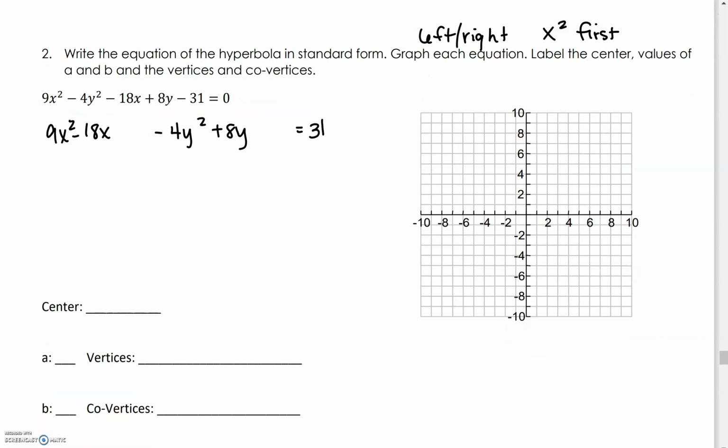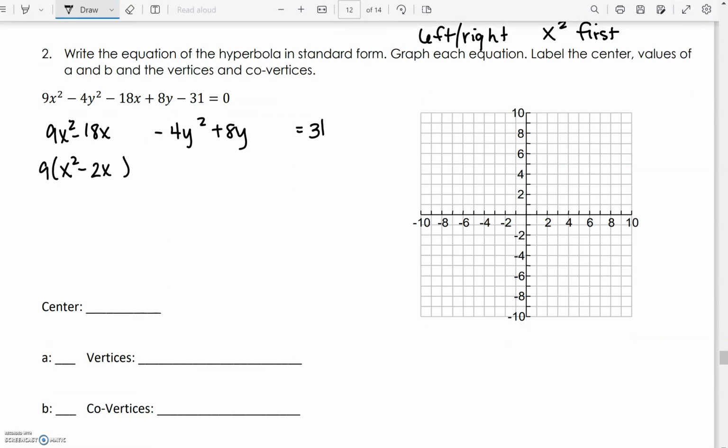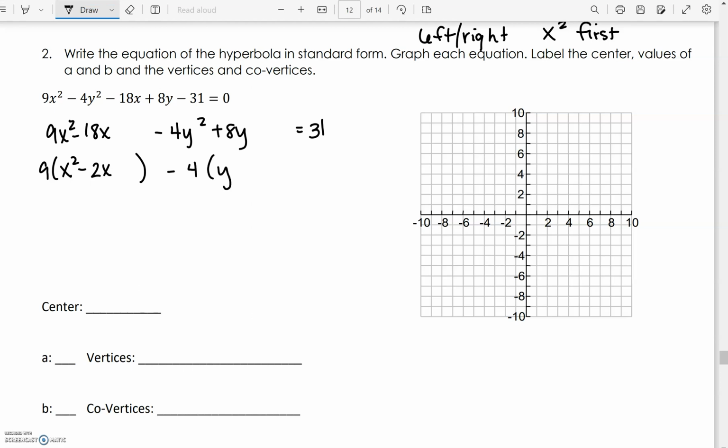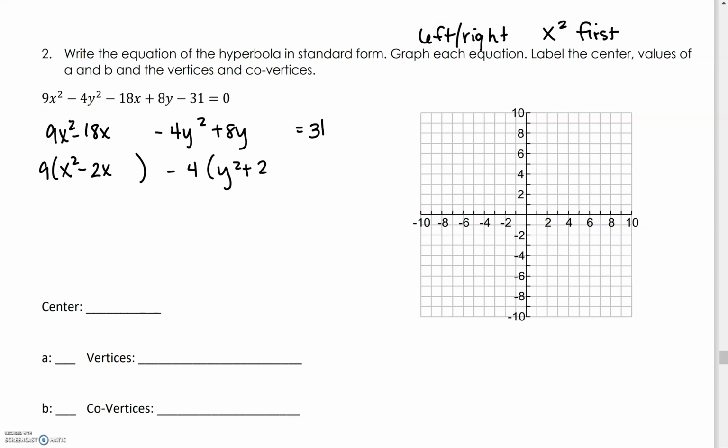Okay, so here's our step 1. We're going to take that 9 out. Oh, let's leave a little more room for our magic number there. Take that negative 4 out. And then we are going to complete our square.